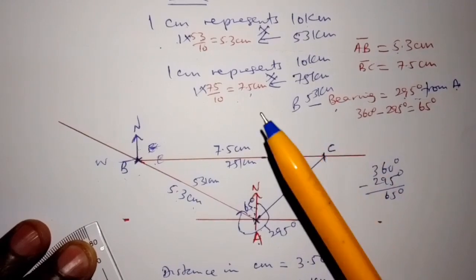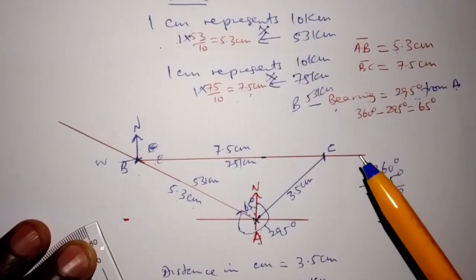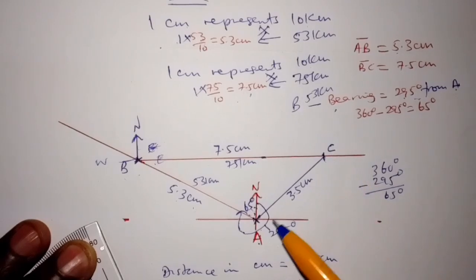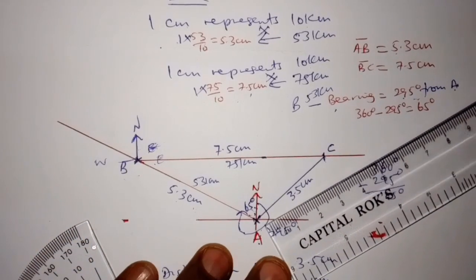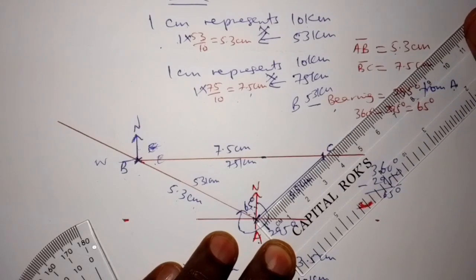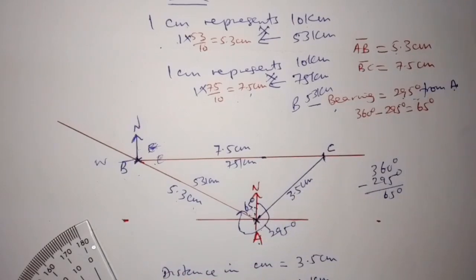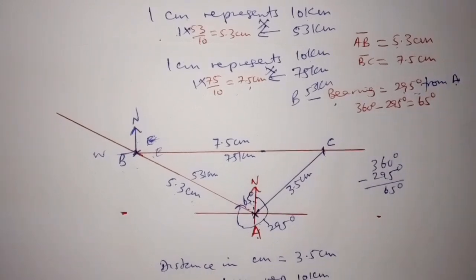Then part B: determine the distance in kilometers of C from A. Now we want to get the measurement from A to C using our ruler, and it is giving us 3.5 centimeters.